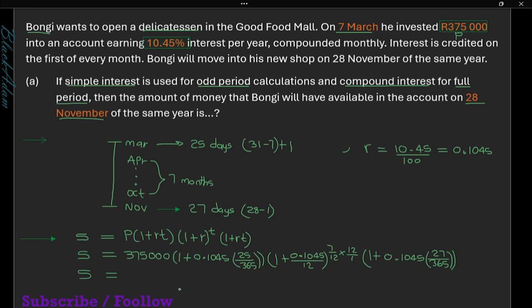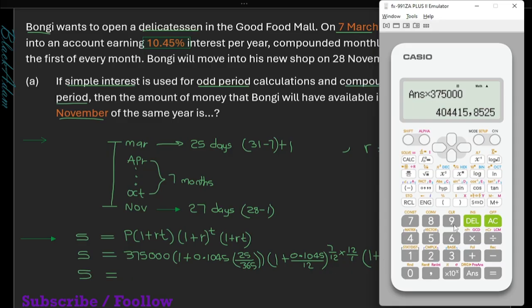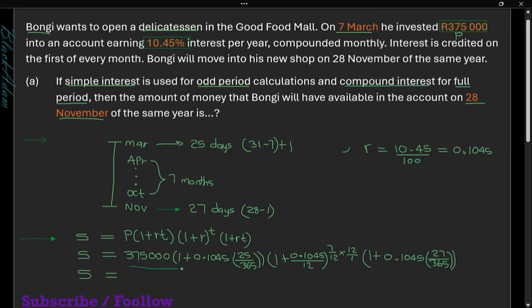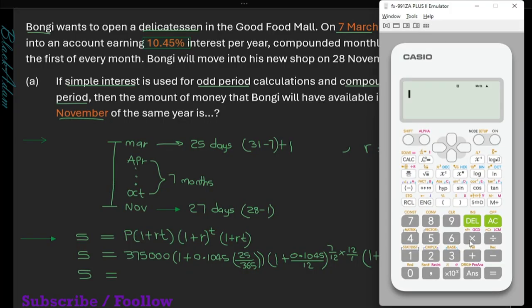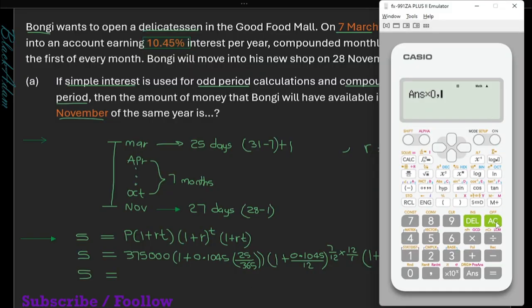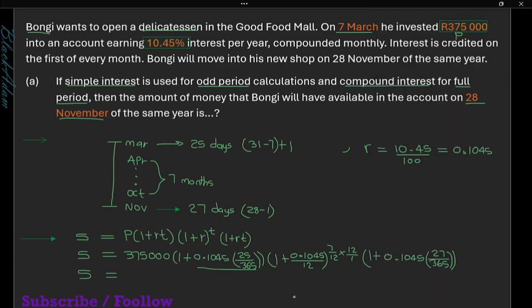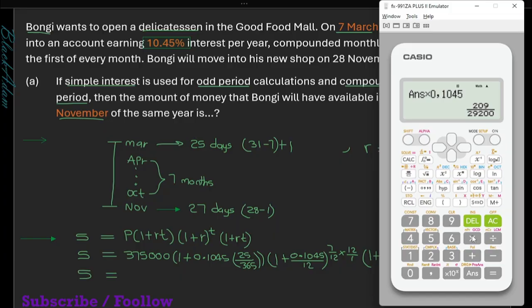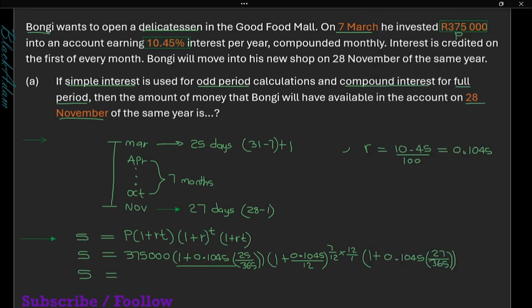It's advisable that you divide them into components and then sort them out. So we do that one first: 25 divided by 365, then multiply by the interest rate 0.1045, and then add 1.